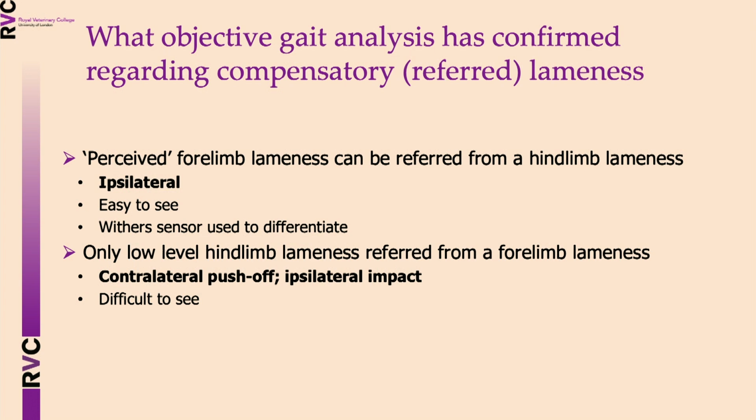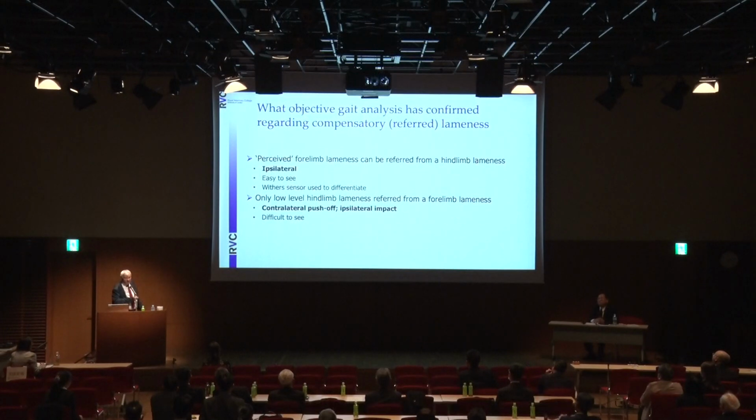So with a hind leg lameness, it can be referred to give a perceived lameness on the ipsilateral side on the forelimb.